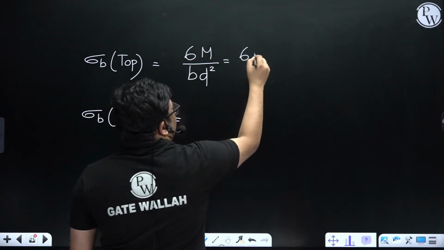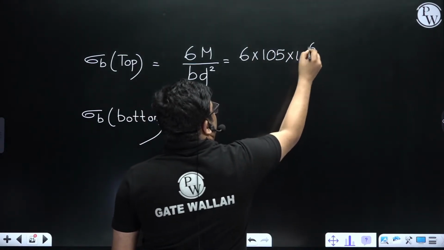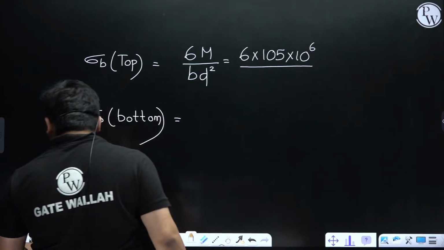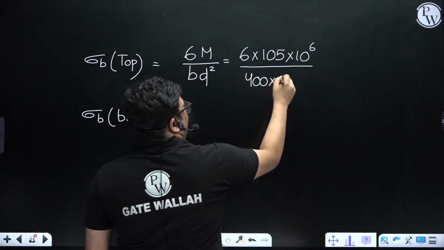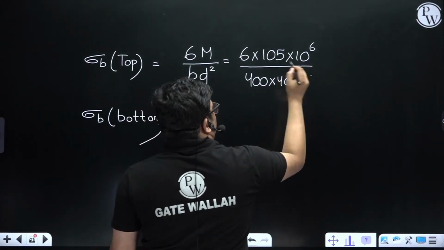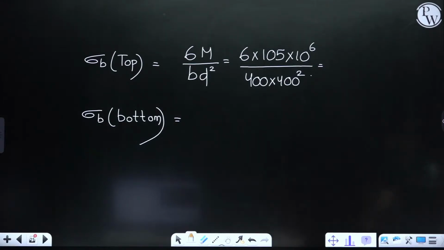We already discussed this. So 6 into 10^5, divided by 6, I convert into Newton mm. And the width is given as 400, it's a square beam actually. So 400 into 400 square. What is the bending stress, or extreme fiber stress, you are getting? We can do it with our calculator also.